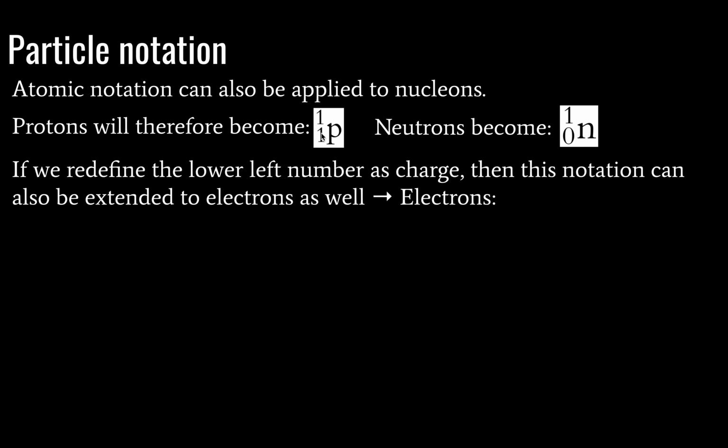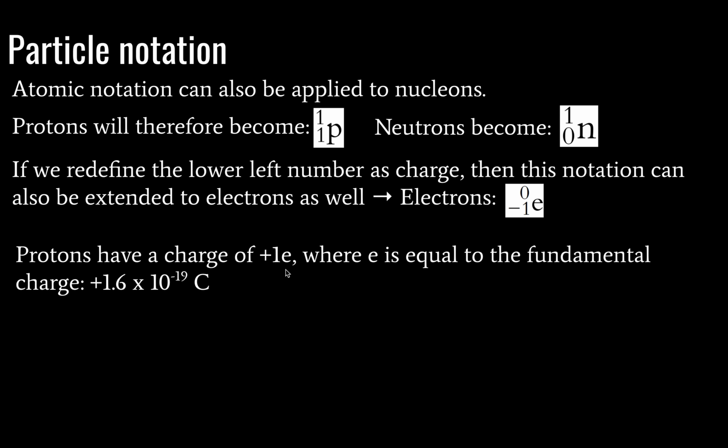Actually, sorry, this should be a charge, not a mass. So we've got charge in the lower left. This really should be up here. Anyway, moving on. Here we have electrons as well. So we have the mass number, the charge number, mass number, charge number.